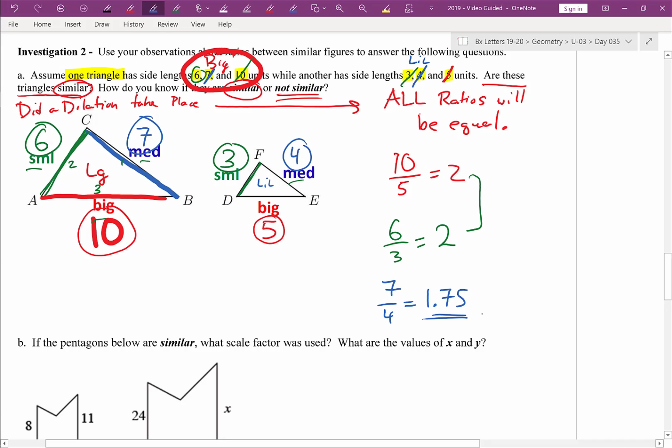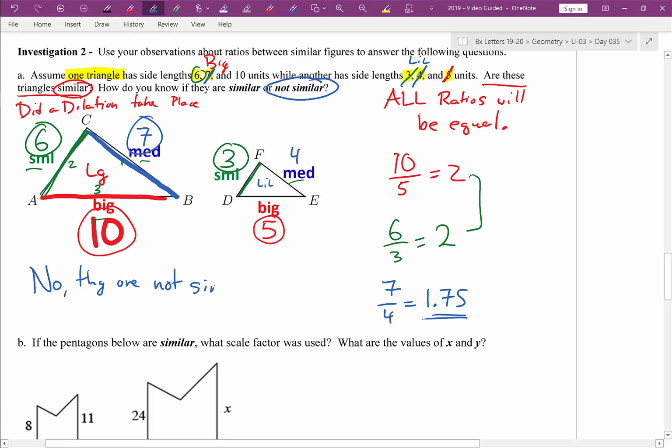This right here is evidence that the answer is they are not similar. Are these triangles similar? No. They are not similar because the sides, and you could say this a ton of different ways, the sides do not have the same scale factor.